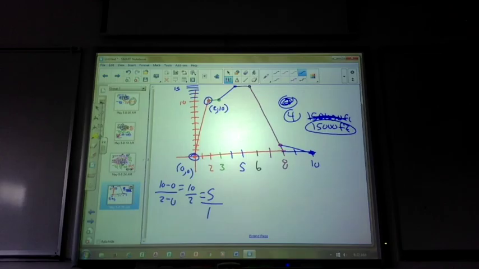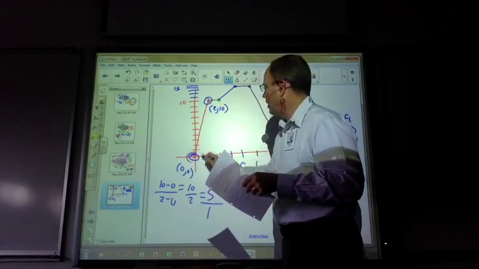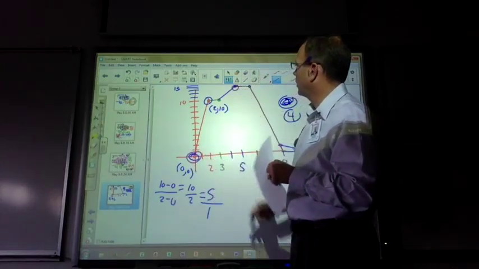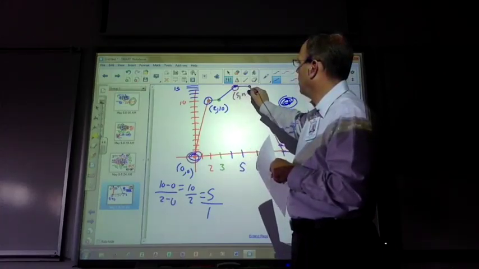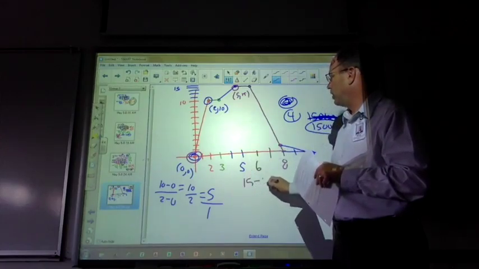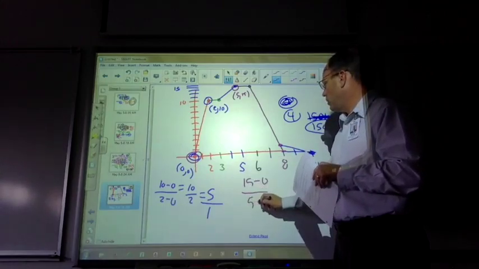What was their average rate of ascent on the interval from 0 to 5? So from 0 to 5. Okay? So again, we're going from here to 5. What point is that right there? 5, 15. Good. We want to know what the average rate is. So I'm going to go 15 minus 0 and 5 minus 0.